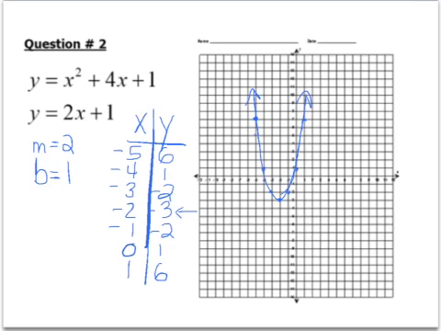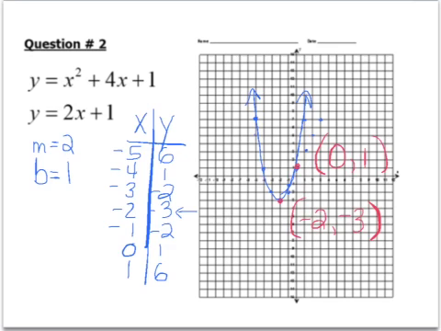And now I'm going to plot my linear equation starting at positive 1. And right away I see that that point, 0, 1, is also a quadratic's point, and so that's one of the points of intersection. So from there, I'm going to go up 2 over 1, up 2 over 1, and if I continue to go down 2 over 1, you'll see that I have another point of intersection here at -2, -3.